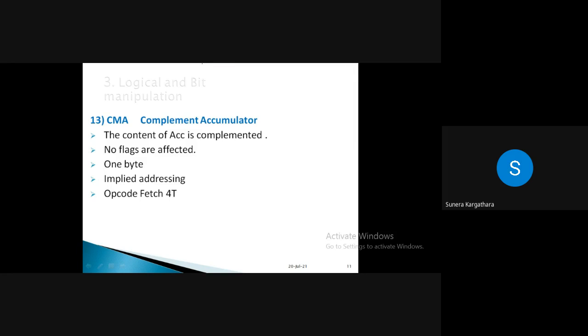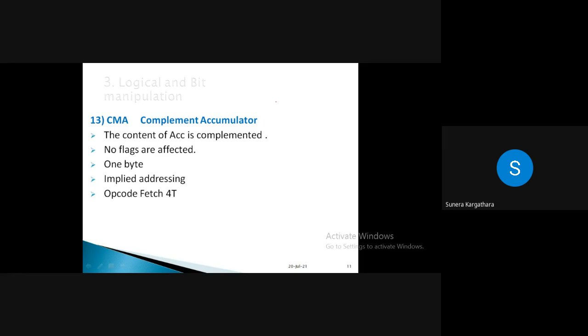Obviously आप जब भी CMA यूज करोगे तो फ्लैग अफेक्ट नहीं करेगा. After CMA there is no need to specify any operand because it will ultimately complement the content of the accumulator. So it will use implied addressing mode, implied or implicit addressing mode you can say, and it will occupy only 1 byte of memory. Right?